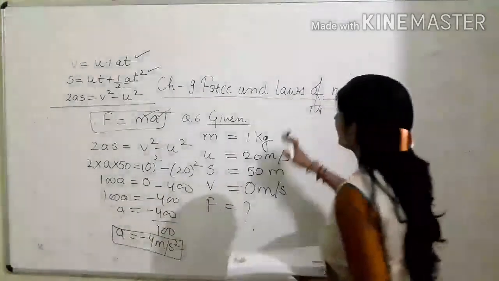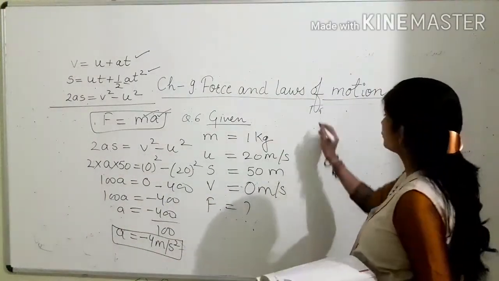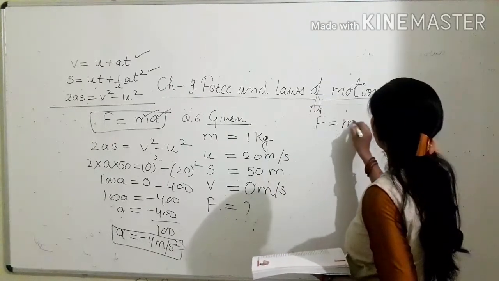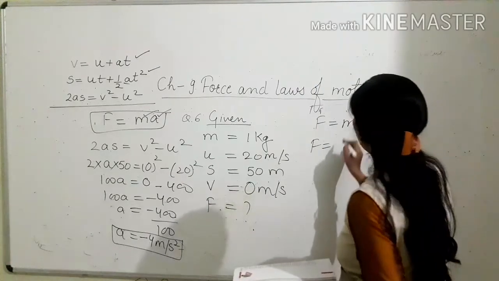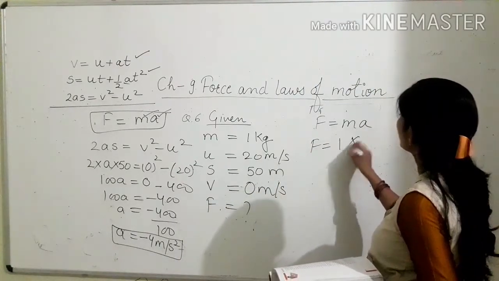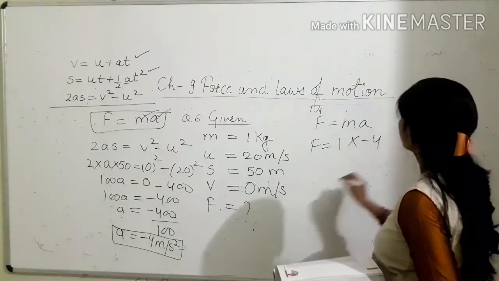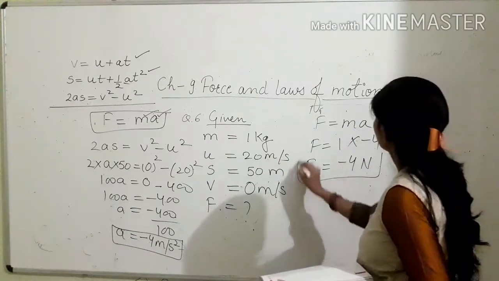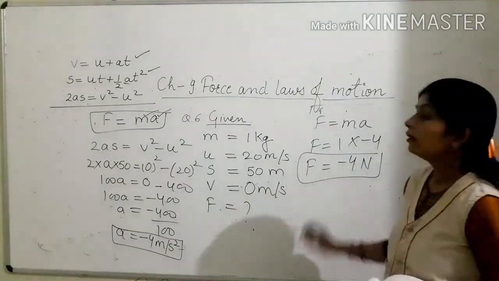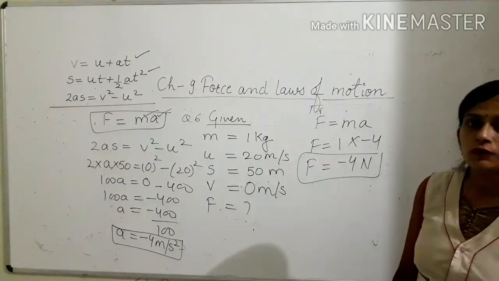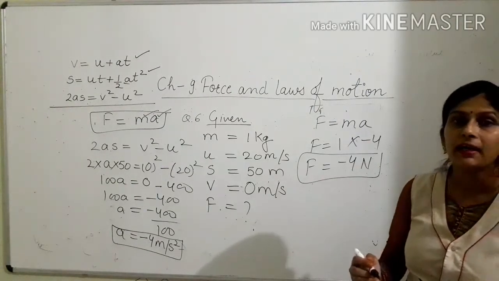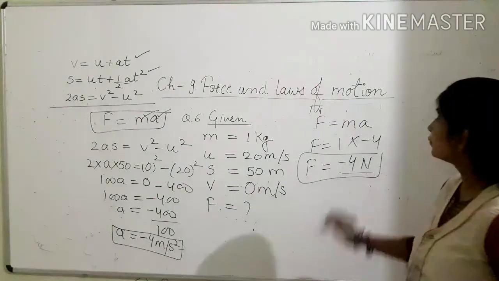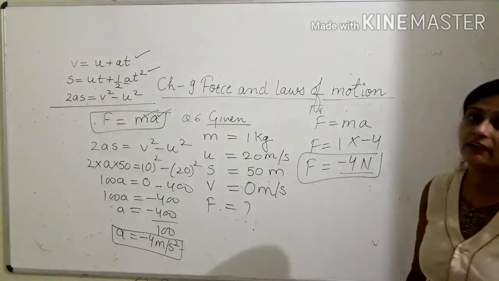Now, we have to find the force, the frictional force. For that, we use the equation F is equal to ma. F is equal to m, what is m here? 1 kilogram, a is minus 4 meter per second square. So force is equal to 1 into minus 4 Newton. So you can see the force, means the frictional force exerted by the frozen surface of the lake, means ice, on the stone is minus 4 Newton, means the force is negative.